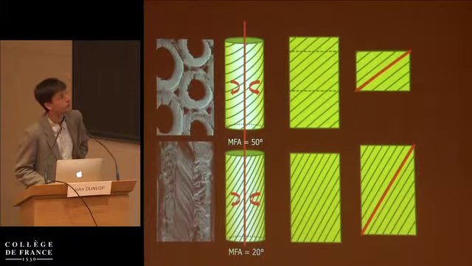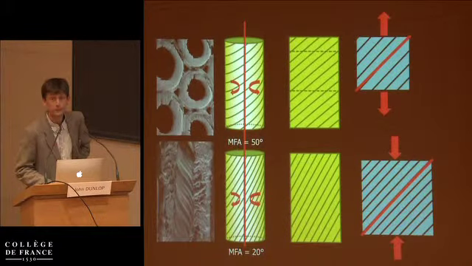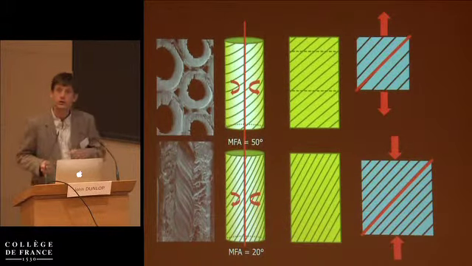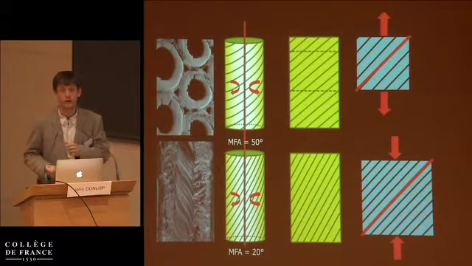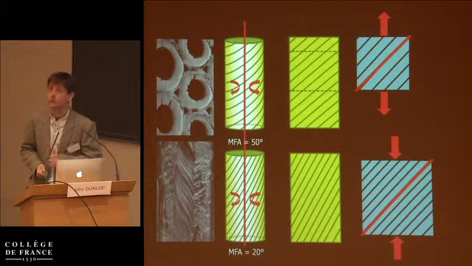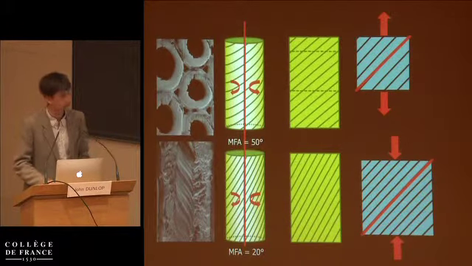If we do it for the top example of the low microfibril angle, we get a retraction. So just by changing angle, you can go from tensile stress to compressive stress. And that's just one architectural parameter that plant tissues can use.